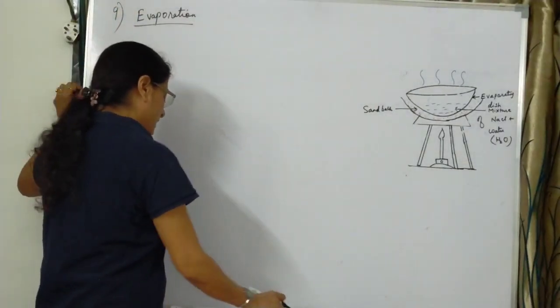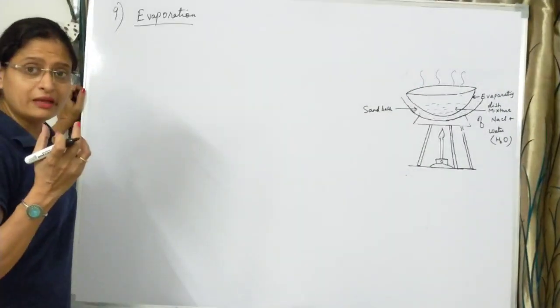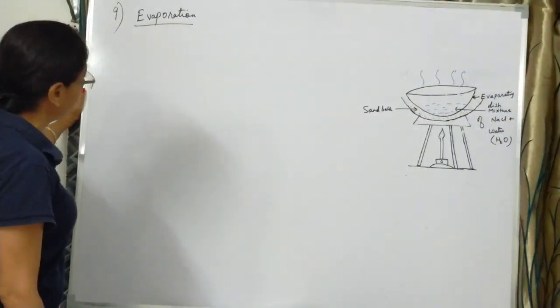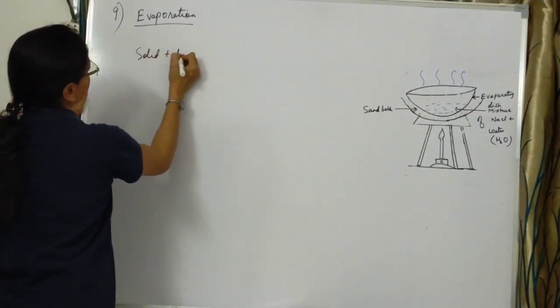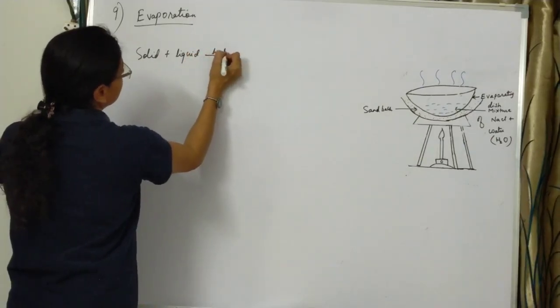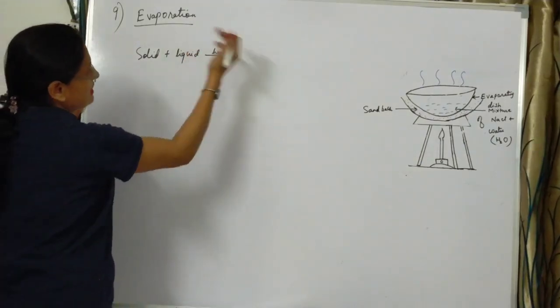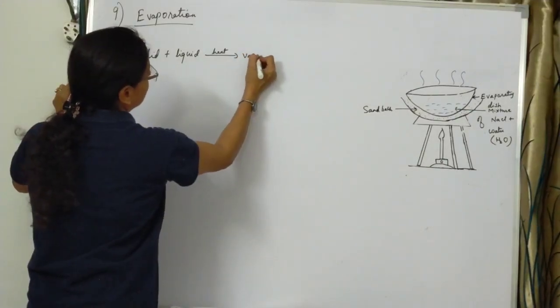So this process is a method of separation where, let us suppose, a solid is dissolved in a liquid. If you have a mixture of solid plus liquid, what will happen when you heat it? When we heat it, this liquid will get evaporated, vapors of liquid will be formed.